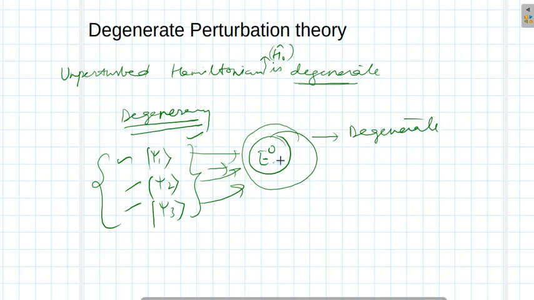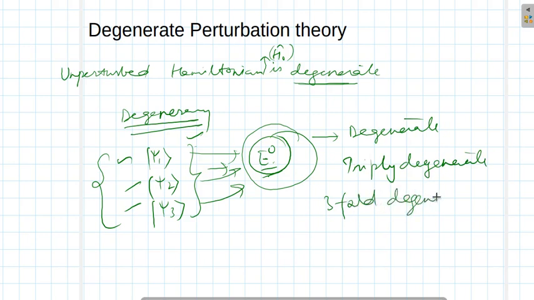Corresponding to this eigenvalue of energy, there are three different state vectors. So it is triply degenerate, or threefold degenerate state, right?